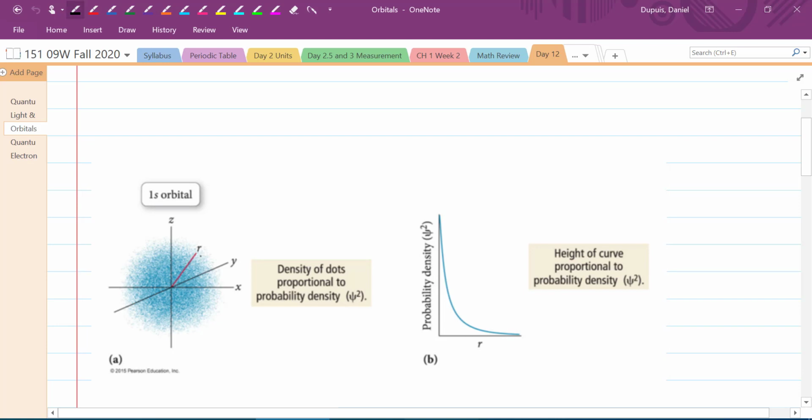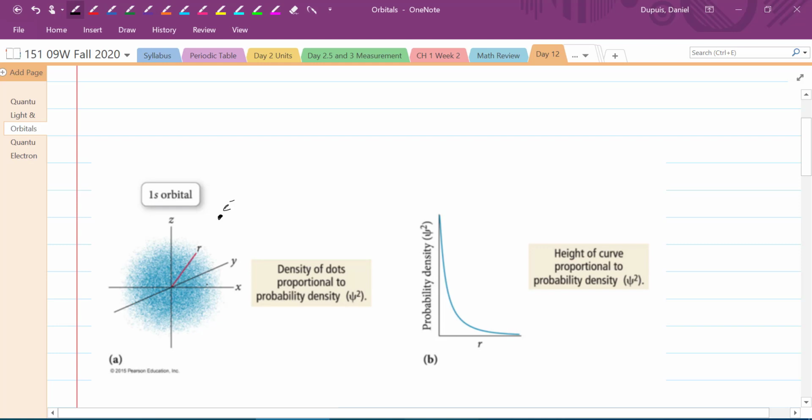If you took pictures, a time-lapse video, a picture every, I don't know, femtosecond for a couple hours, you would get this pattern of where the electron is. It's not following a fixed orbit, but it's going to be here, it's going to be there. It's going to be somewhere in this region. You're not going to find the electron out here outside of the radius. That's not where it's going to be. They're all going to be inside these blue dots.